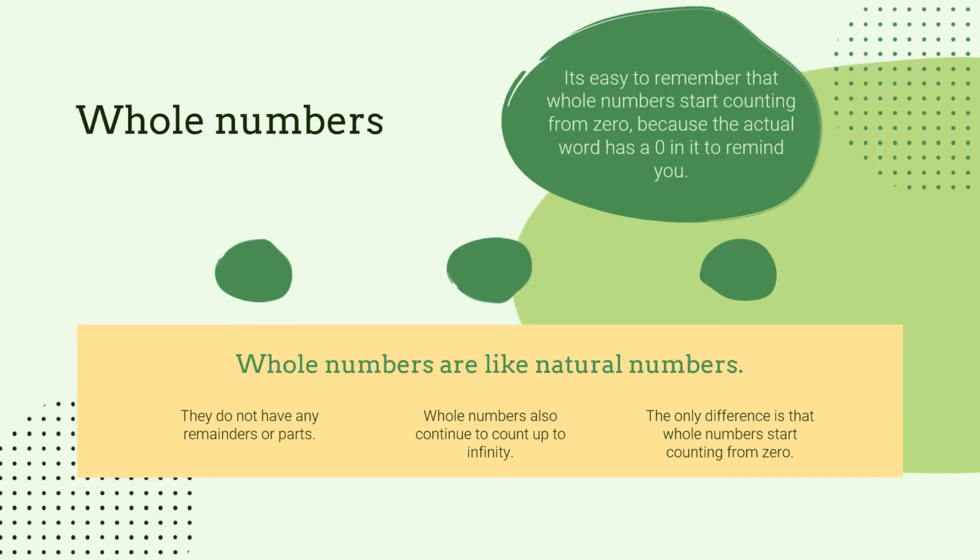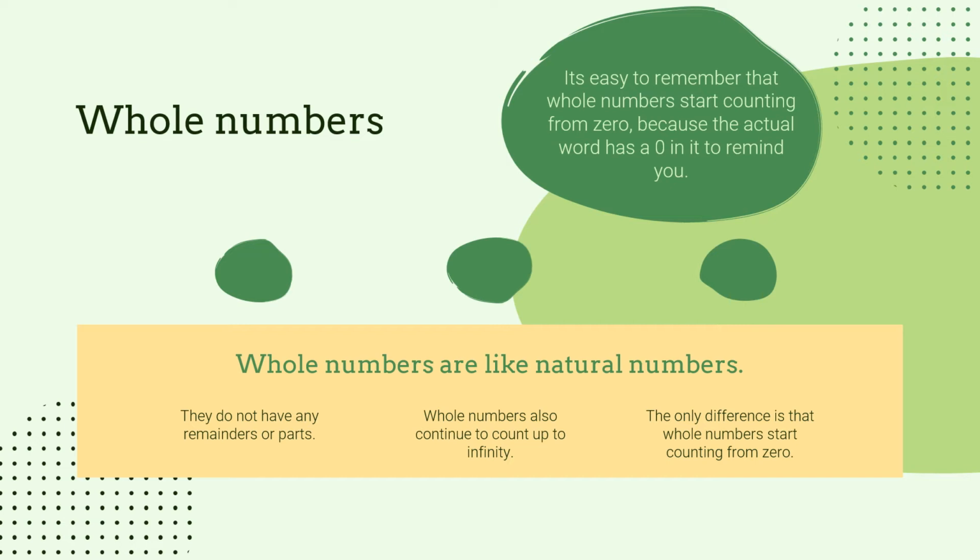So whole numbers are very similar to natural numbers. Remember, natural numbers start counting from 1, whereas a whole number, you start counting from 0. I'm reading in the pale yellow box. So whole numbers are like natural numbers. They do not have any remainders or parts.